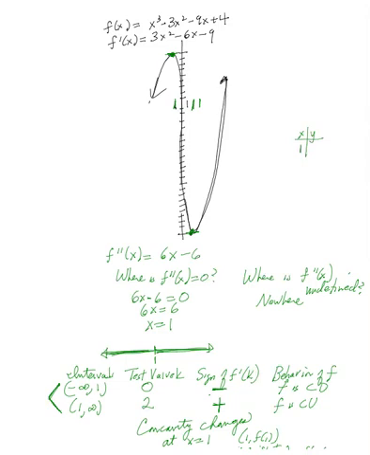The only numbers I'll ever plug into the function are x-coordinates of points of inflection and critical numbers. So f of 1 is 1 cubed minus 3 times 1 squared minus 9 times 1 plus 4. So that's negative 2 minus 9 is negative 11 plus 4 is negative 7. So 1, negative 7.